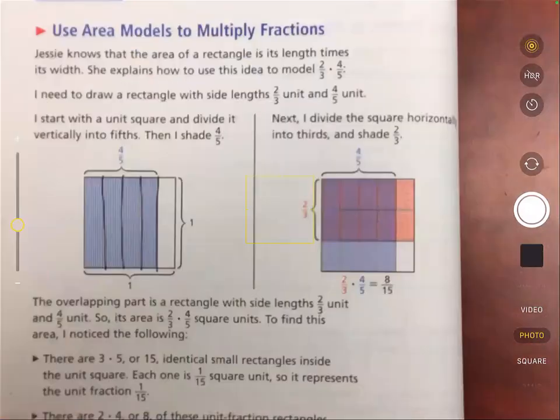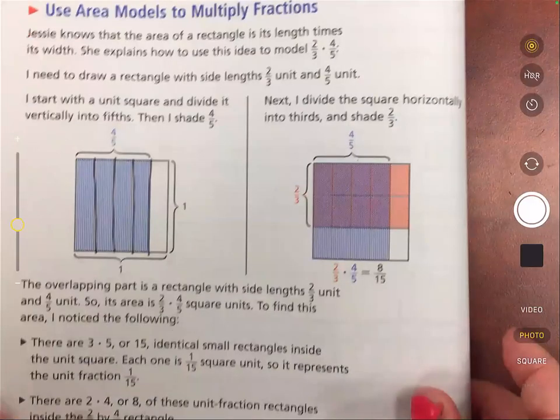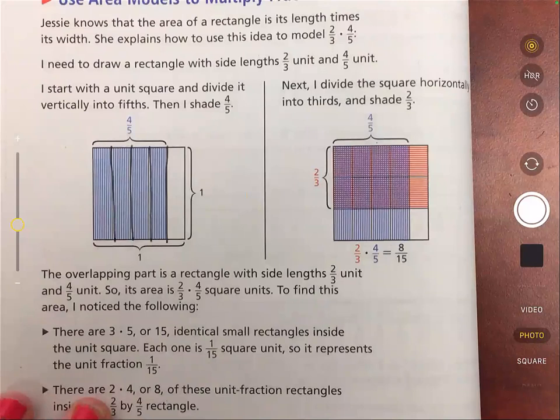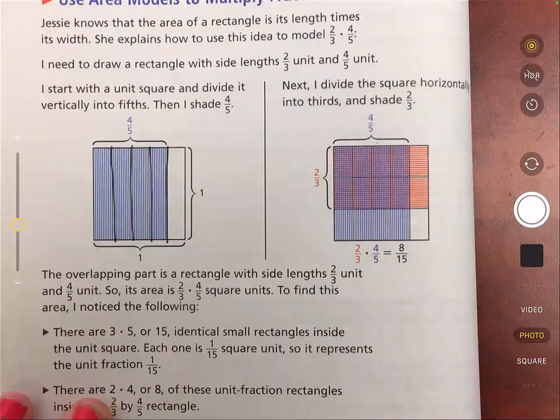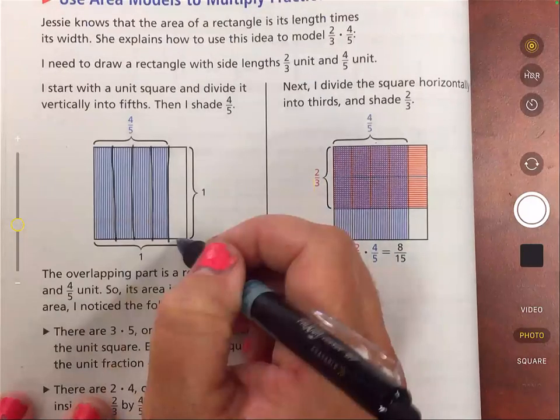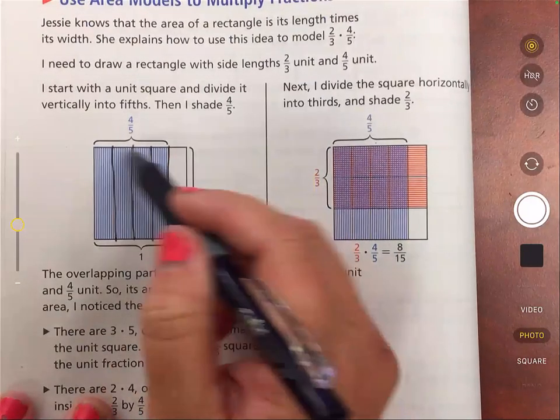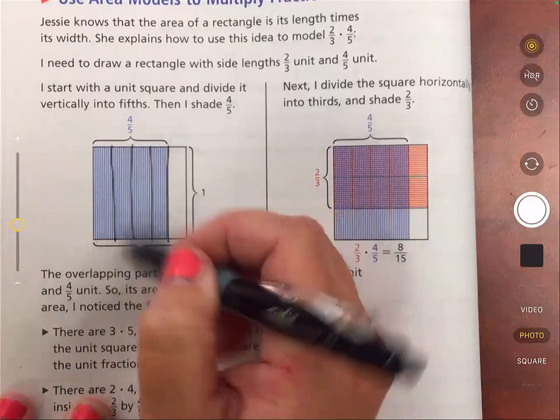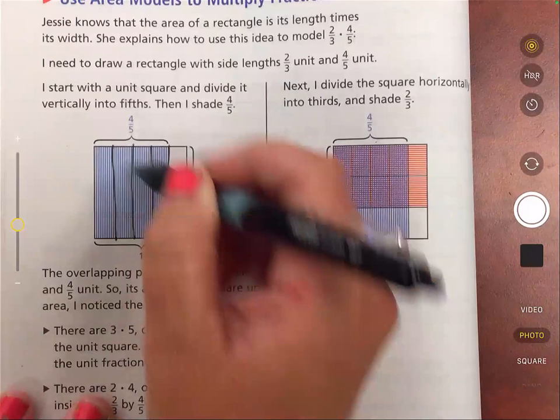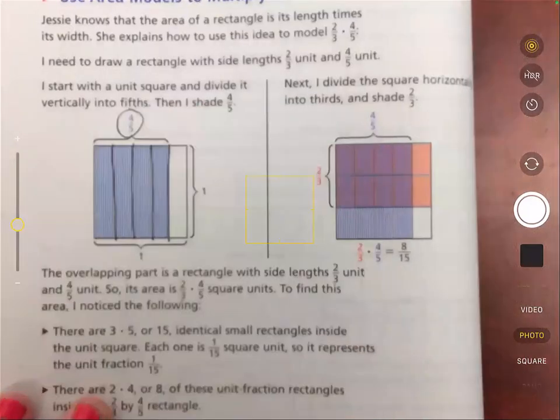We've taken our square here, and along the top side, we've divided it into 5 sections, and we've colored in 4 of those because that represents our 4/5.